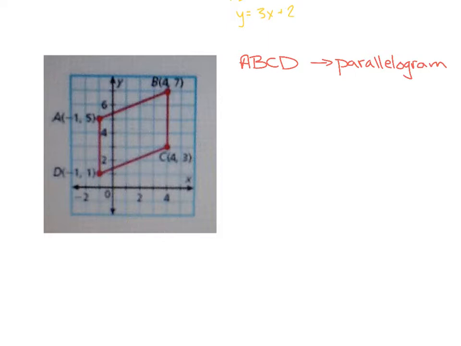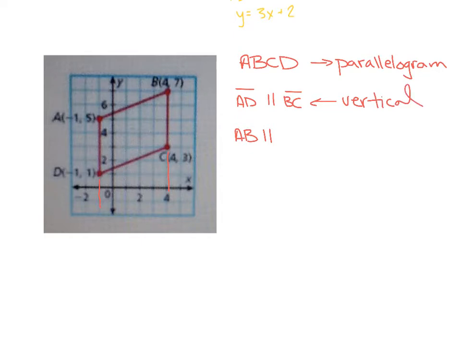So we can say that line AD is parallel, that's the parallel sign, to line BC, because it's obvious that they are both vertical because they're running straight along these blue lines here, okay?